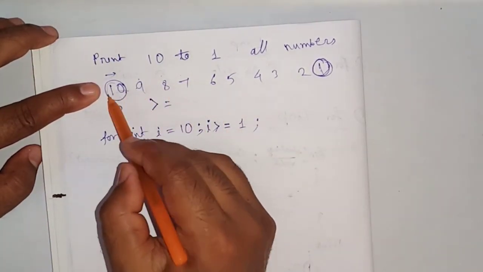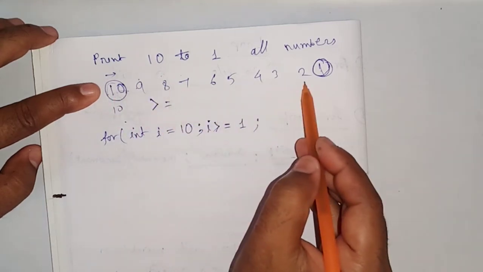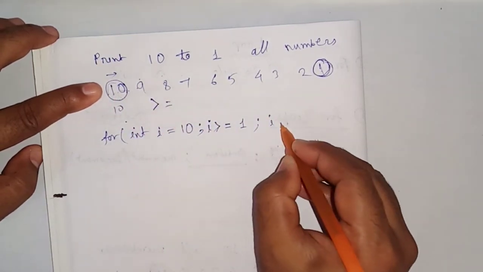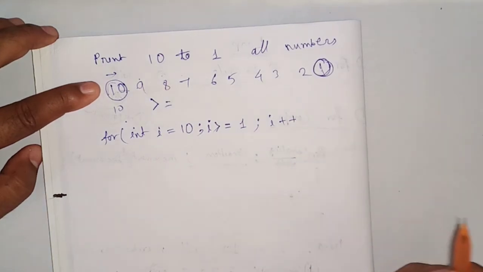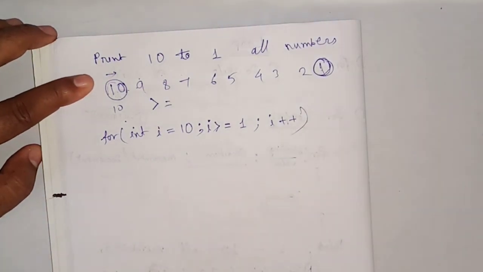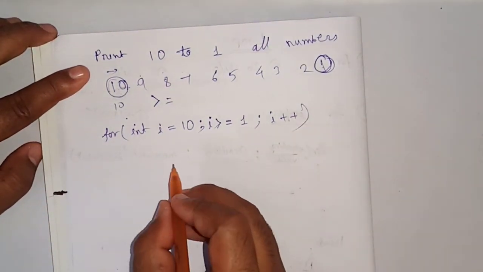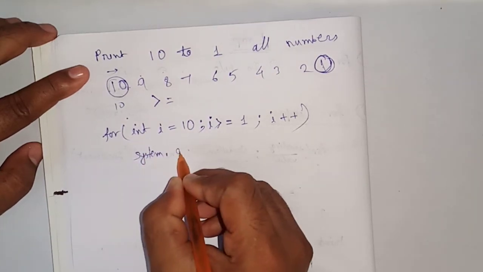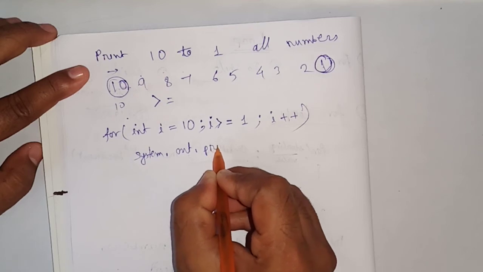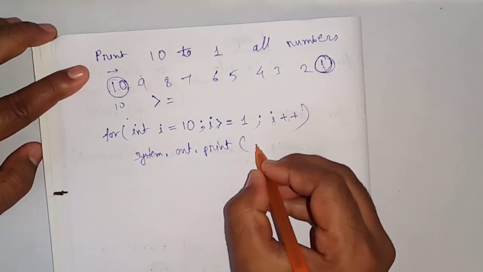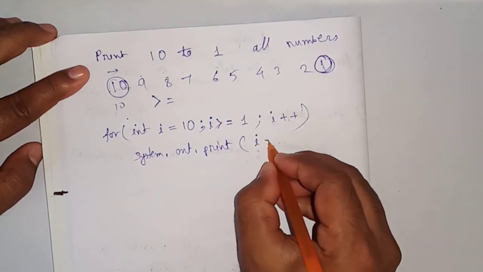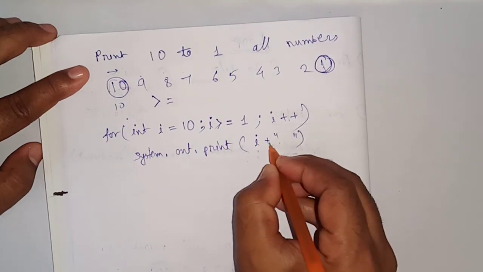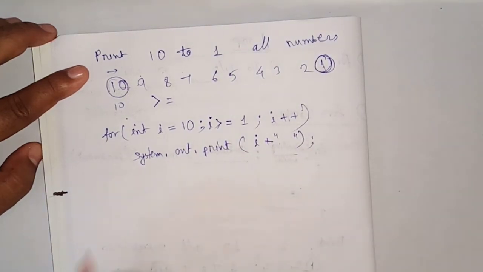See, all our values are decreasing. So I plus plus. Okay, then System.out.print value of I, a certain gap, semicolon.